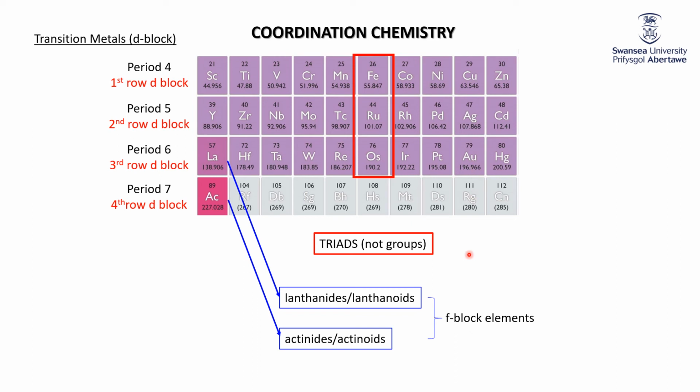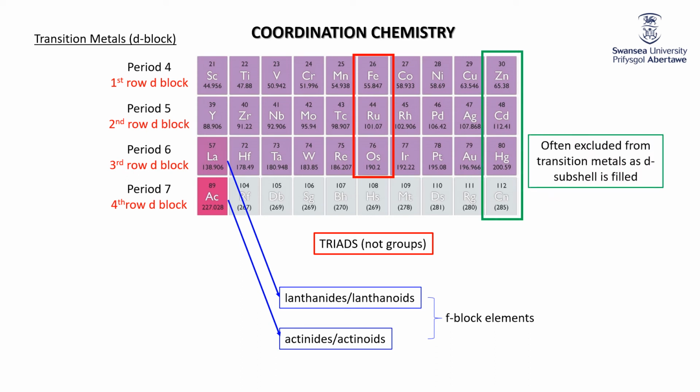Okay. Now, finally, this last group here, if you think back to your electron configurations, and I'll have a slide of those in a minute, these have got filled D orbitals, D subshells. They're all D10, so 3D10, 4D10, 5D10. And because of that, you get a lot of people who say, well, they're not transition metals. Well, they're in this transition block. So if you're going to have a transition block, include the transition metals. I'm in the minority there.